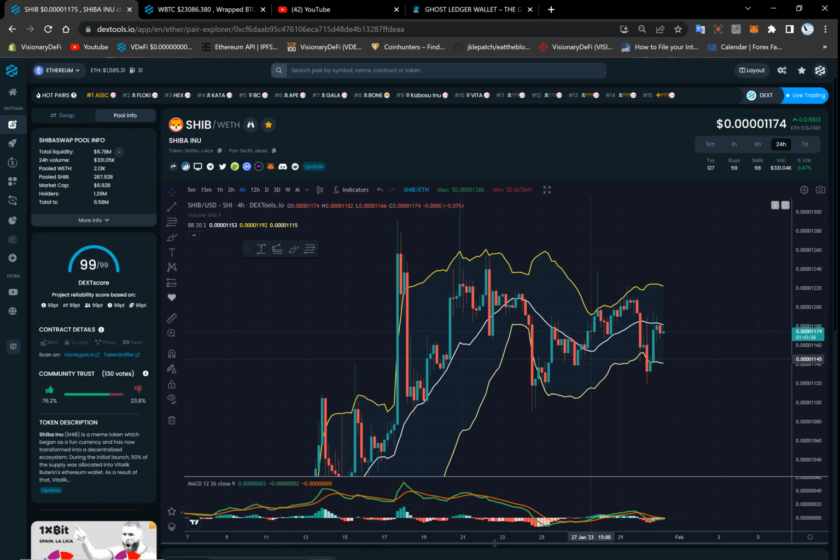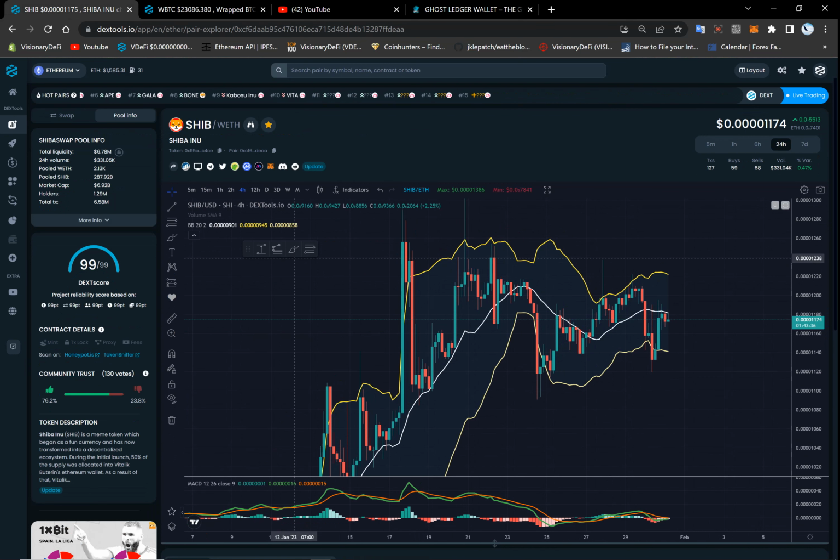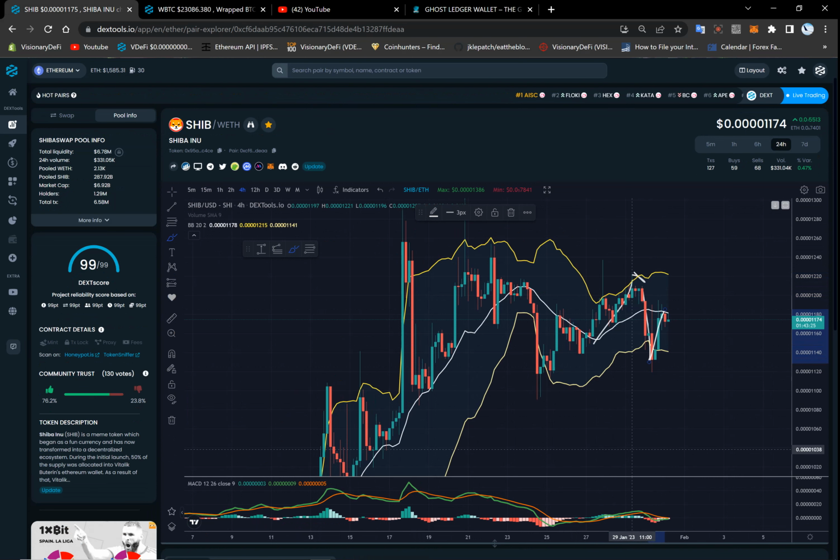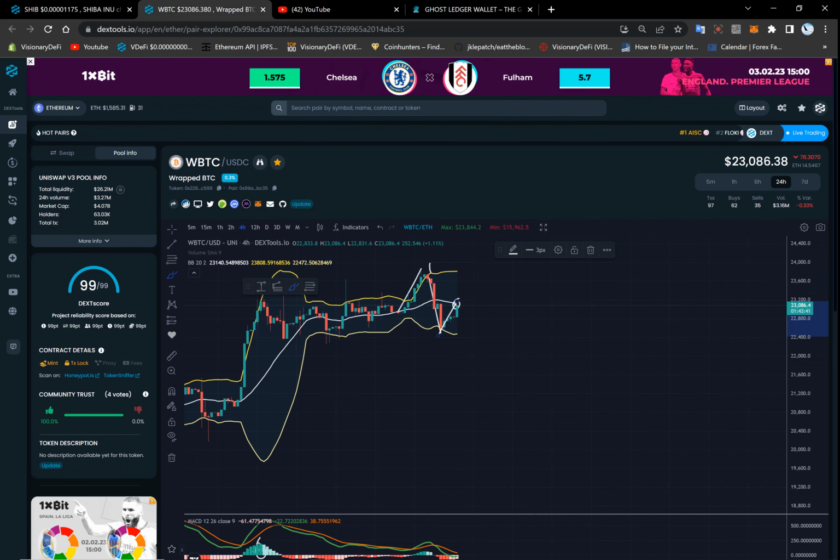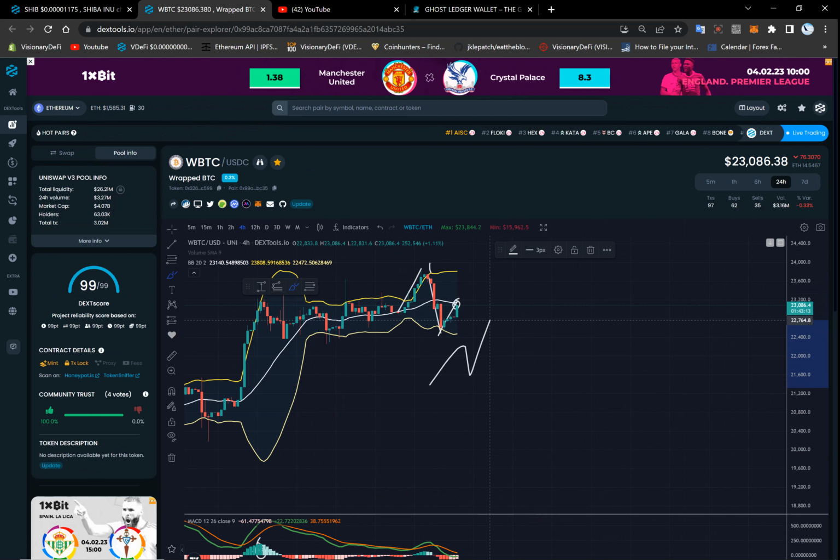Price started to go up, hit resistance, dropped, and then started to go up again. Look at this formation. It's more of an N formation here on the 4-hour, and you can see the exact same thing with BTC. N formation. I can pull up any coin, and it's going to show the exact same movement.